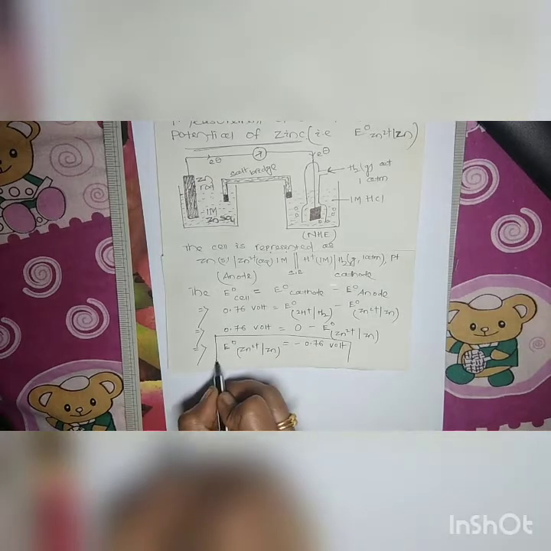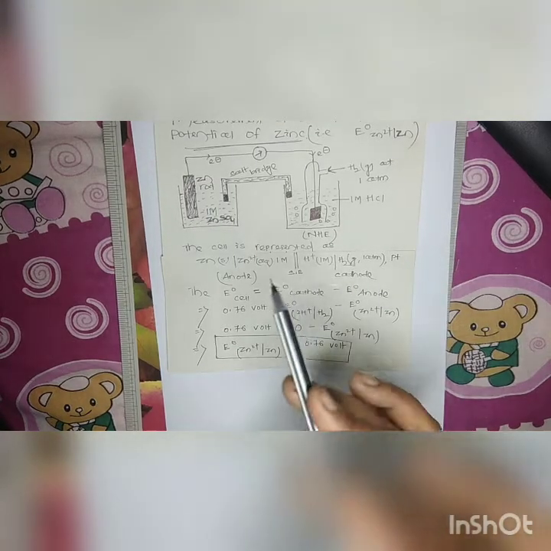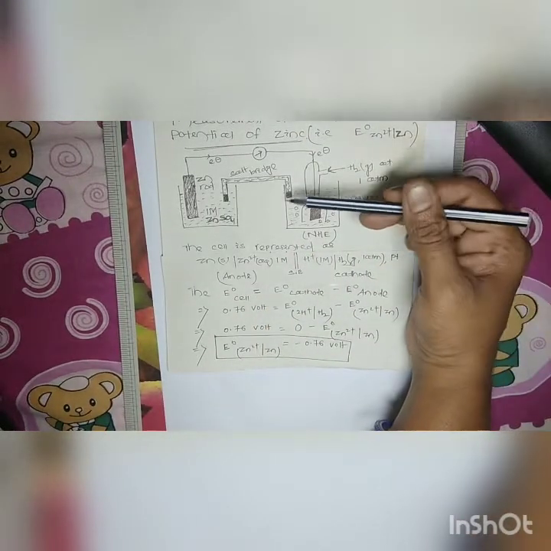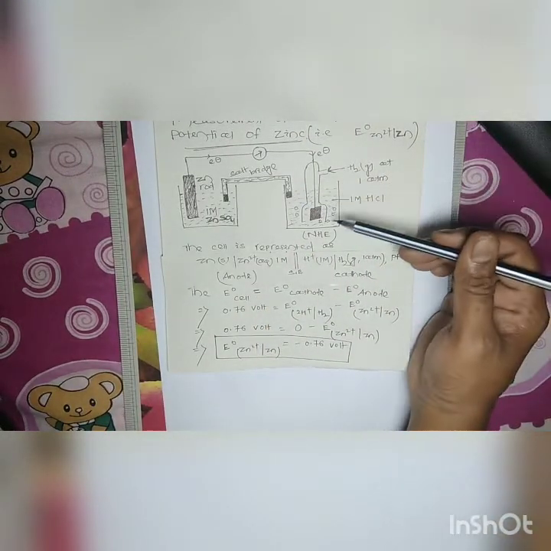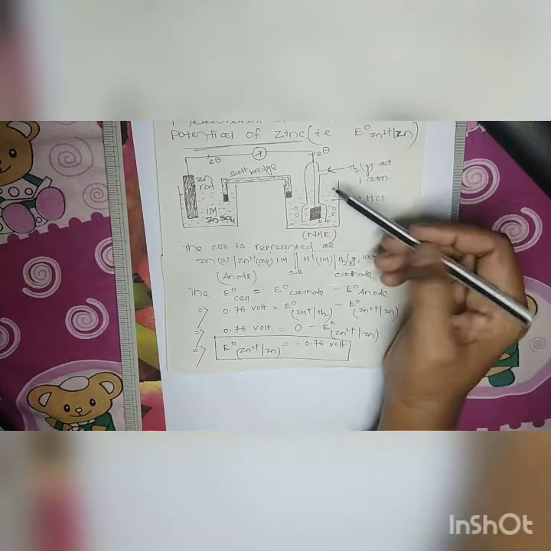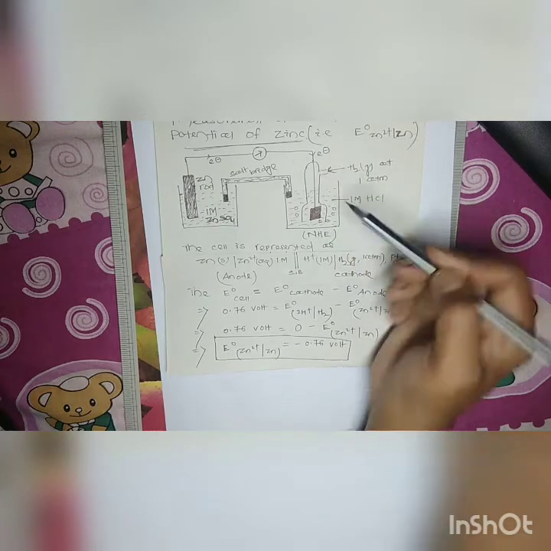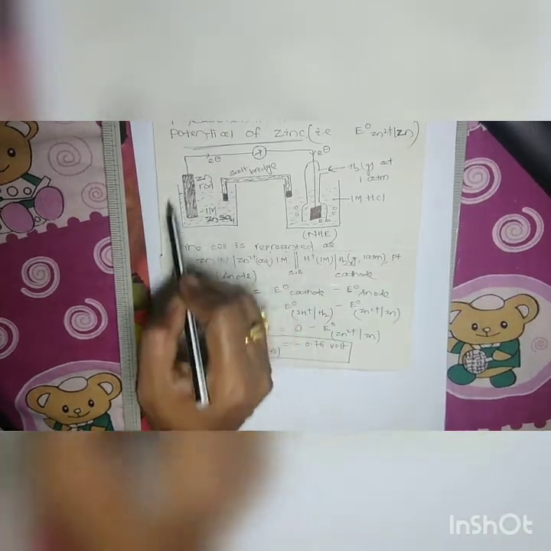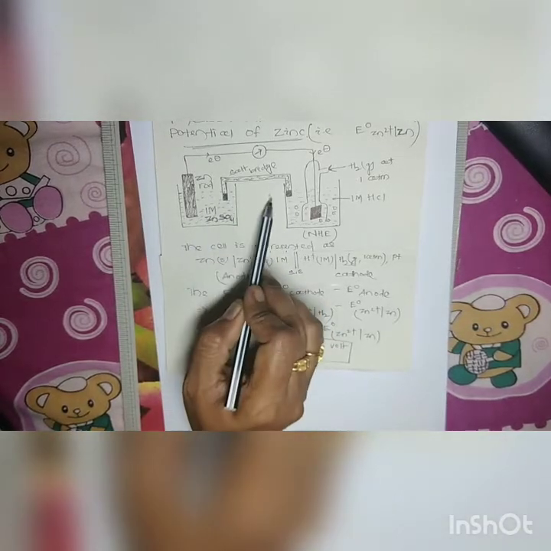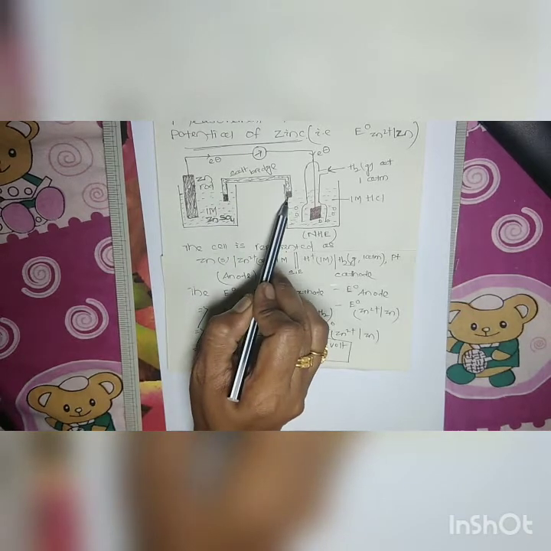So, this is one part of the question solved, that is, how to measure the standard reduction potential of zinc using SHE or NHE. Here I am repeating the entire concept within a cell. The NHE, or standard hydrogen electrode, is acting as cathode and the zinc electrode is acting as anode. The two half cells are interconnected by a salt bridge.